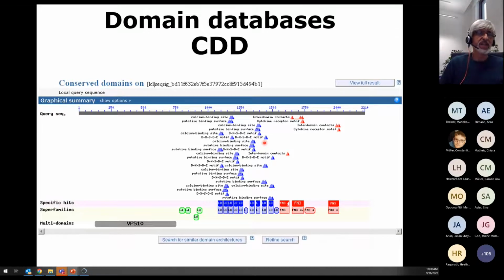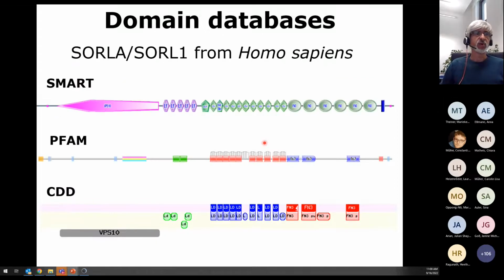So different databases, different features, different profiles, so small differences, but if you put the results all together, more or less they give you a kind of a consensus of what your protein may be containing.